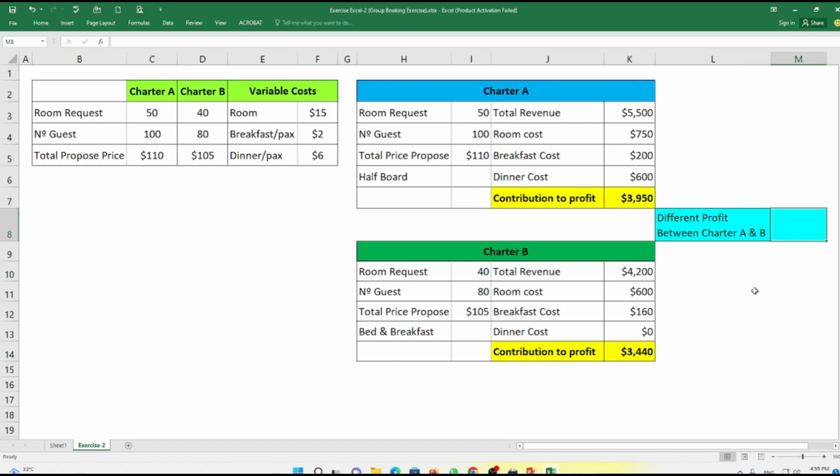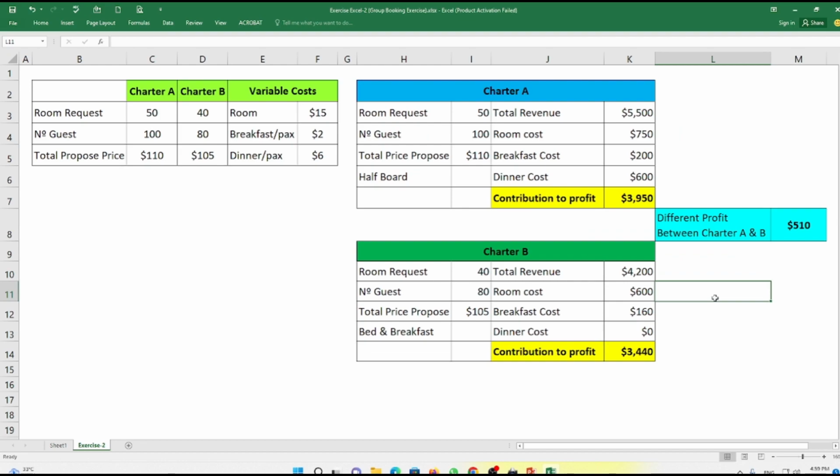So what is the variance? Take charter A minus charter B. The difference is $500 between charter A and charter B. So as a revenue manager, we need to decide to go for charter A.